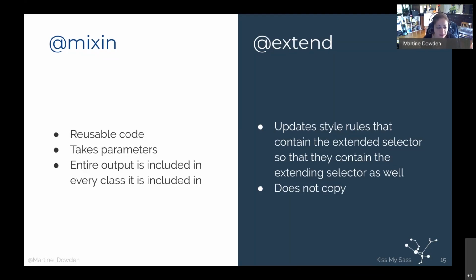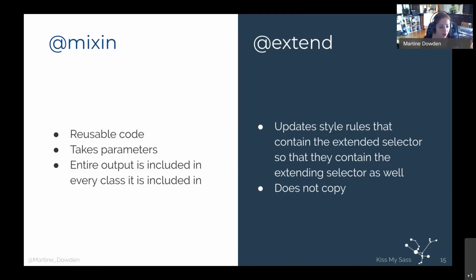Mixins are great for dynamic stuff. They are not good for static stuff. If we're dealing with static, we want to use extend. What that does is it takes a class that you've already written and assigns whatever the class name is also to that class. So let's look at how that works.